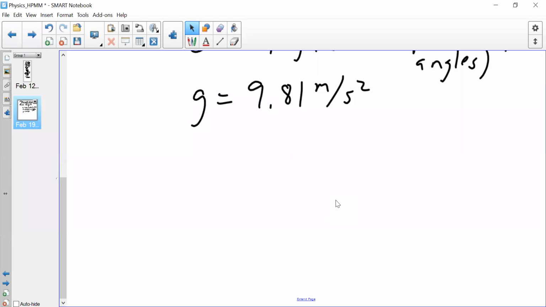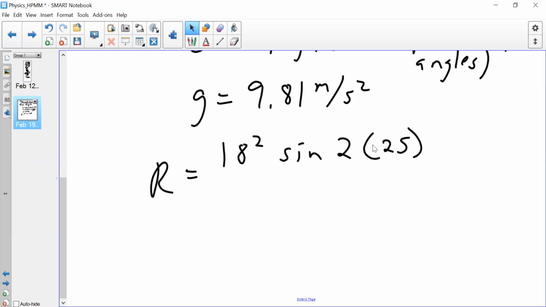So for example, we had our equation above. And so we had 18 squared, and then sine 2 times 25, right? Because that's angle theta, the double angle, 2 times 25, over 9.81. Now, do that calculation yourself to make sure that you can get 25.3. So it's basically sine of 50, right?